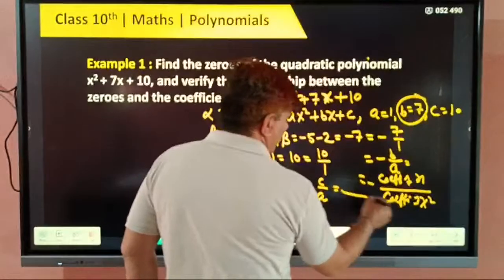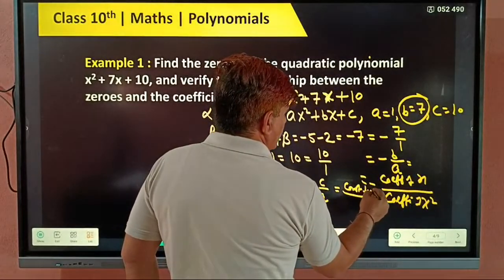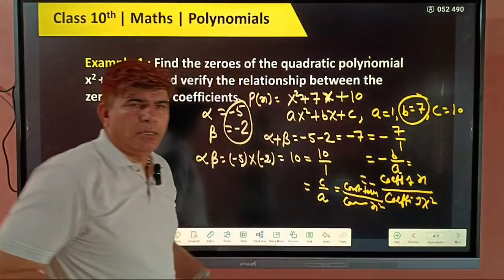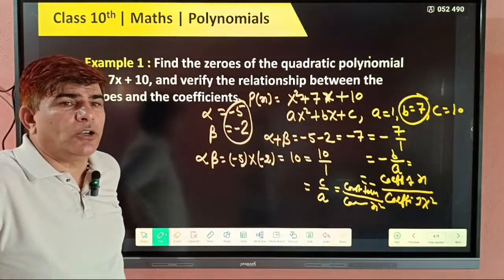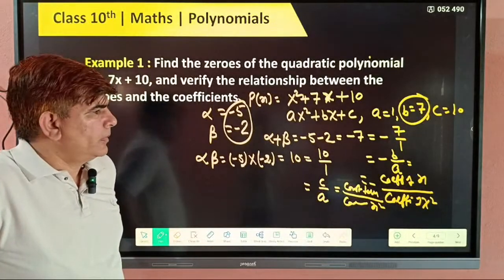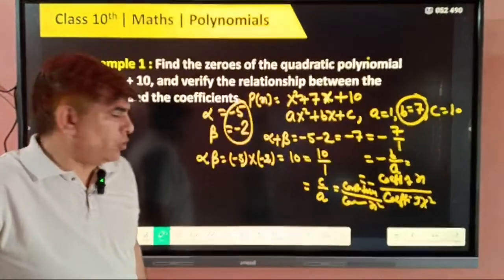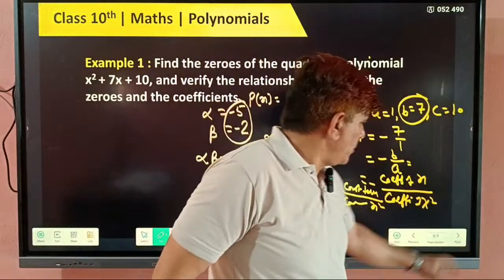Again, what can we write? c, the constant term, divided by the coefficient of x square. In the denominator always comes the coefficient of the highest power. Understood? So this I told you, this is the relationship between the zeros and the coefficients of the given polynomial.